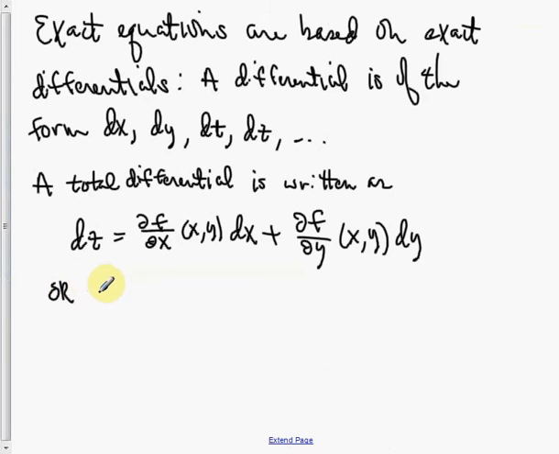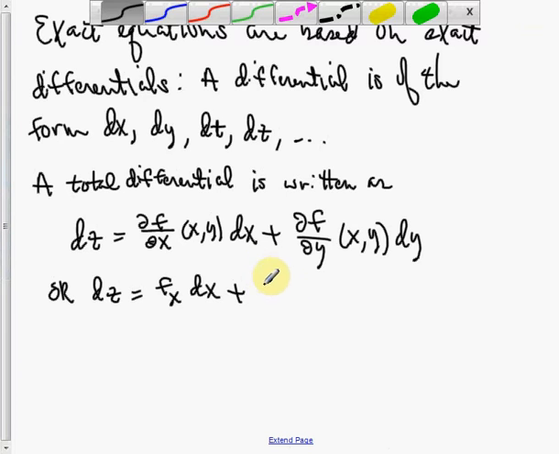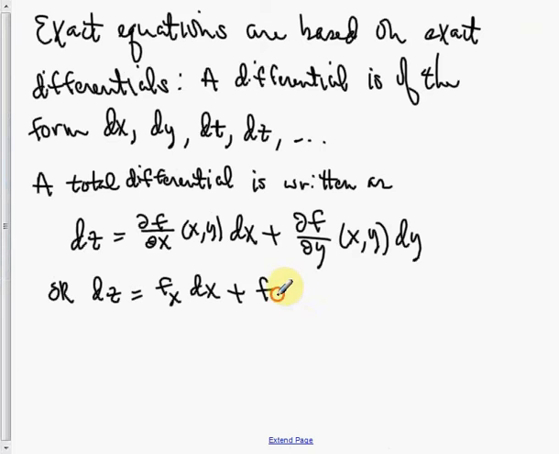Or we can write it in short-term version: dz is equal to the partial of f with respect to x dx plus the partial of f with respect to y dy.